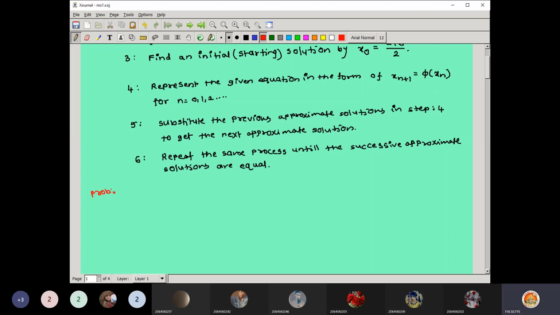Use iteration method to find the root of x cube minus x minus 1 equal to 0. So clearly the method is mentioned here. If the method is not given, you can use any of the methods.